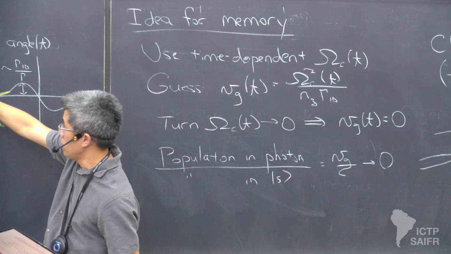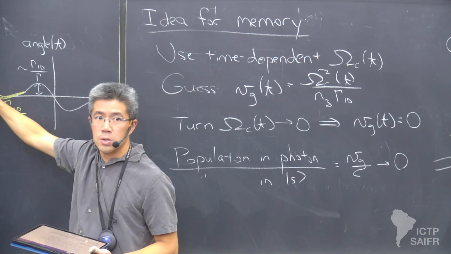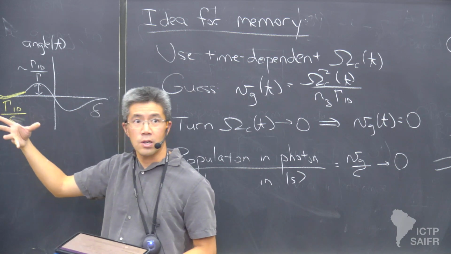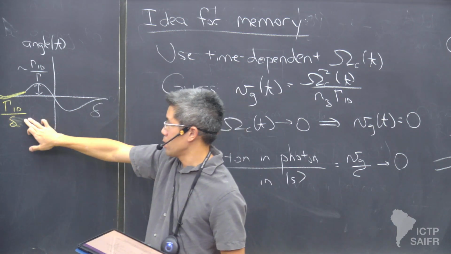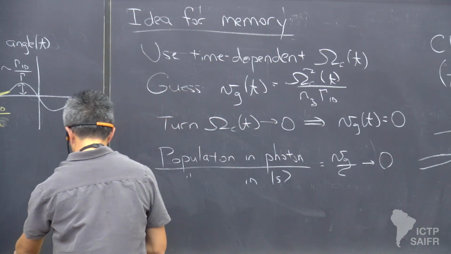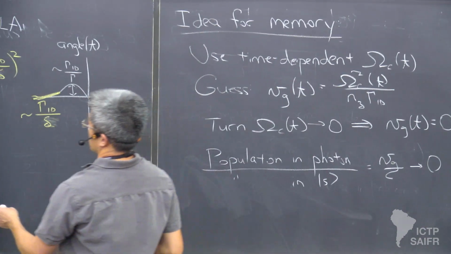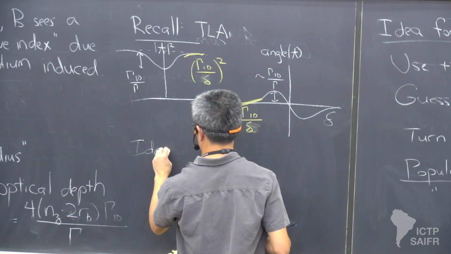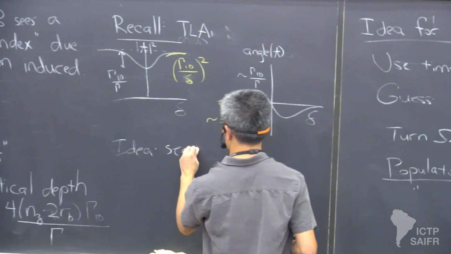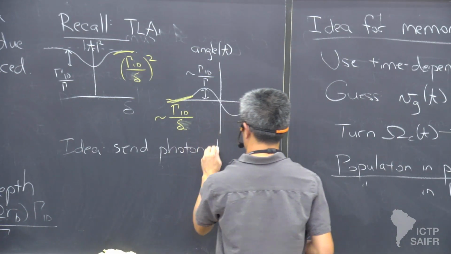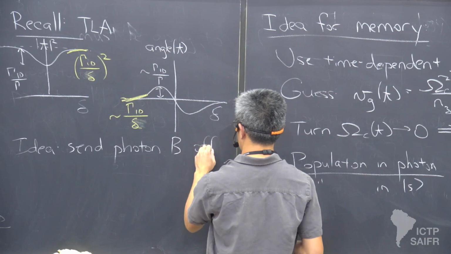It's not going to be perfect because there's some chance, gamma 1D over delta squared, that the photon is going to disappear, but I'm relying on the fact that my good stuff is better than my bad. So the idea is to send photon B off resonance.